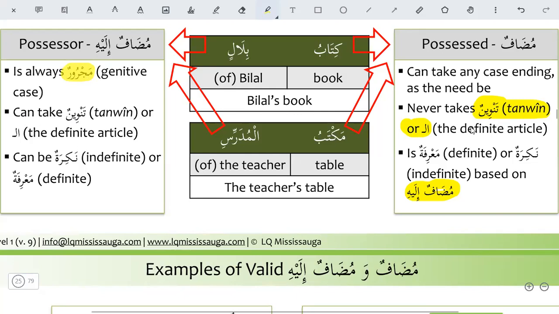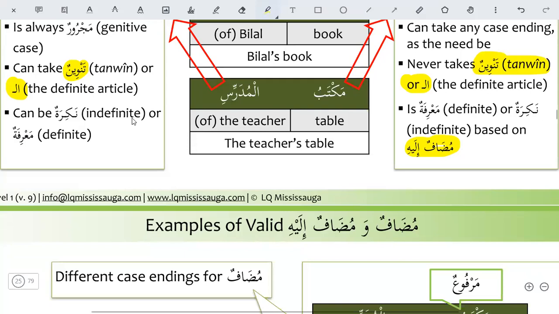The second thing we learned, mudaf never takes alif lam, the definite article. But the mudaf ilay can take alif lam.